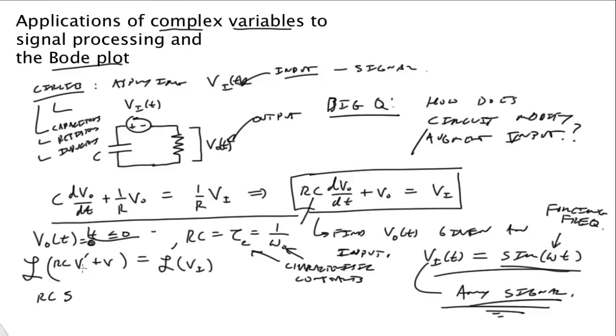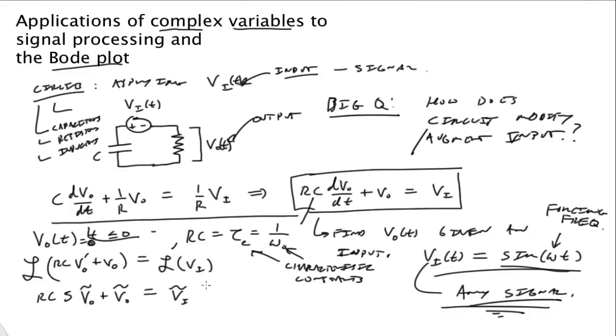And these are V outs, I'm sorry. We rewrite this as V out tilde, which represents the Laplace transform, plus V out tilde equals what I'll call V in tilde. I like the tilde symbol because it represents the idea that these are in the frequency domain now, so we think of them as oscillations.